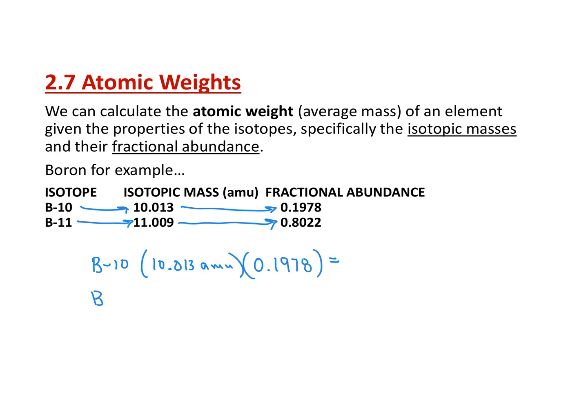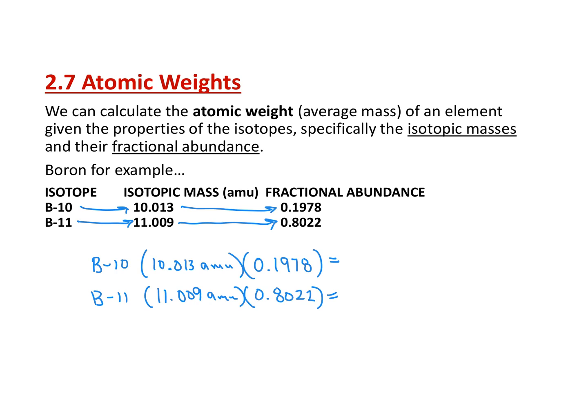And boron 11, we can take a weighted average of the sample. Boron 11 is 11.009 AMU, and that represents about 0.822 of the sample. By multiplying those together, we can do a weighted average of the atomic mass that I should use for boron, given that it consists of two isotopes in two different amounts.